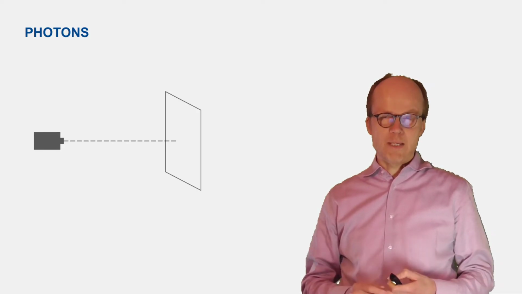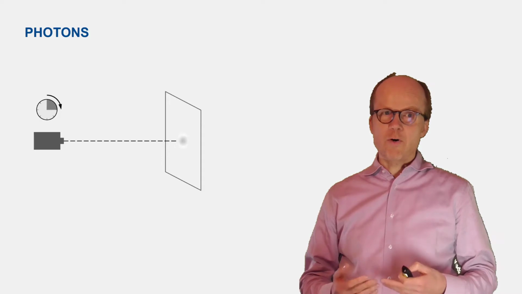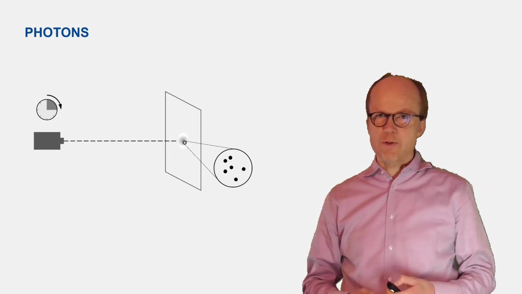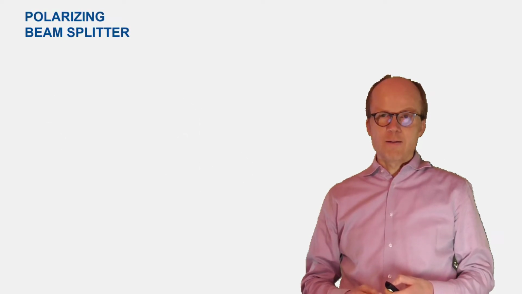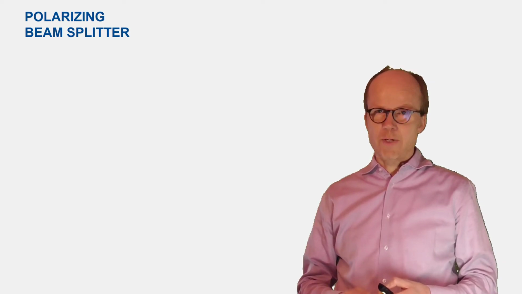If you dim a laser enough, then on a screen or on a detector, over time, you can resolve the hits by individual photons. Now, photons too can be subjected to a binary experiment.